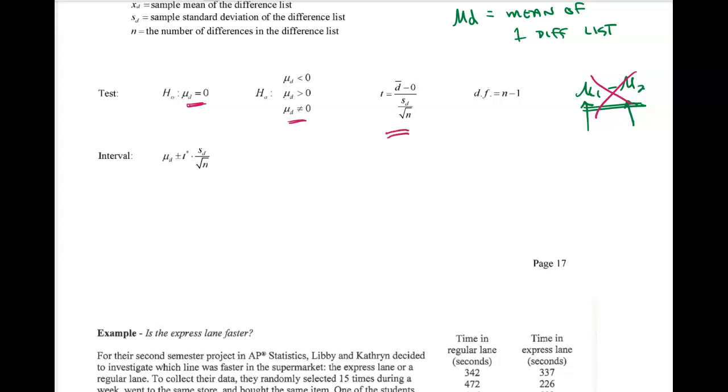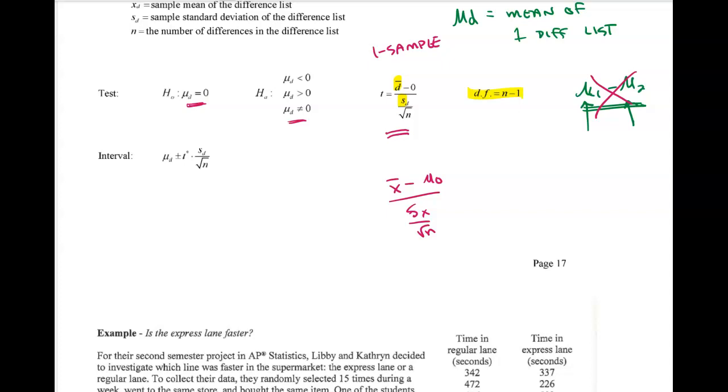Test statistic, this is the same as a one sample test. It's just instead of putting in x bar minus the hypothesized mean divided by the standard deviation over the square root of the sample size, I'm just putting in the mean of the differences and the standard deviation of the differences. My degrees of freedom is the same.